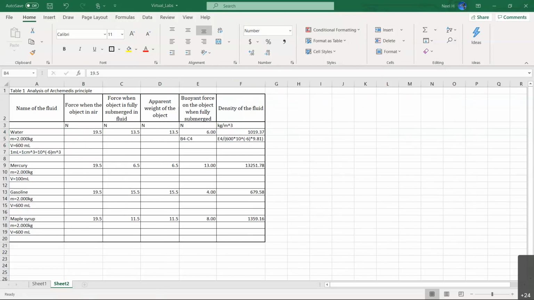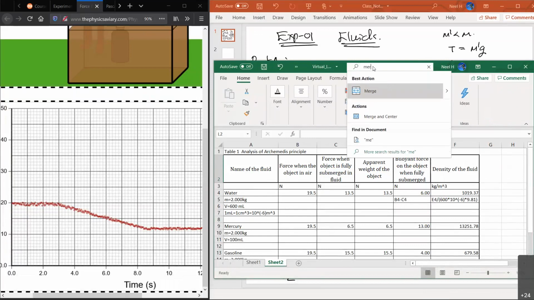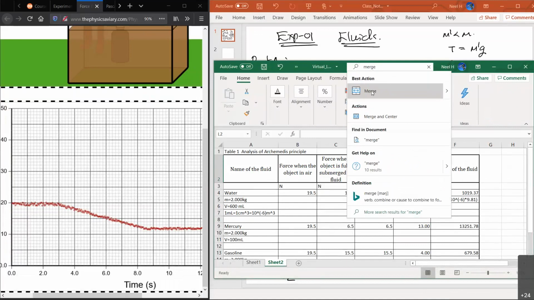If you want to learn how to format or anything, there's a good help feature included in here. All you have to do is write it down in this help. You can see the help search term right here. So if you want to find anything, for example, merge, just type merge. It will appear there.